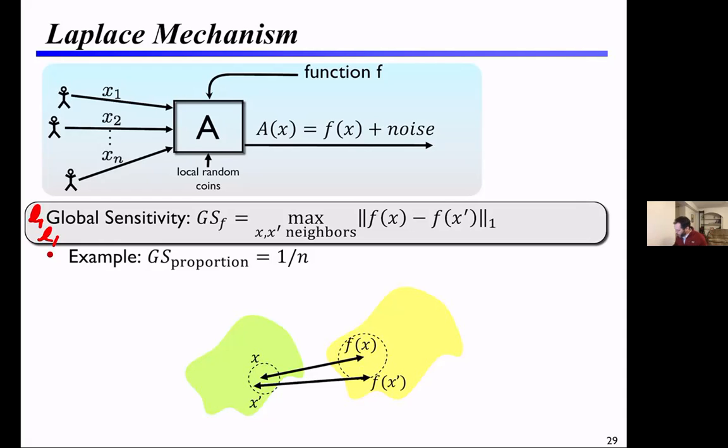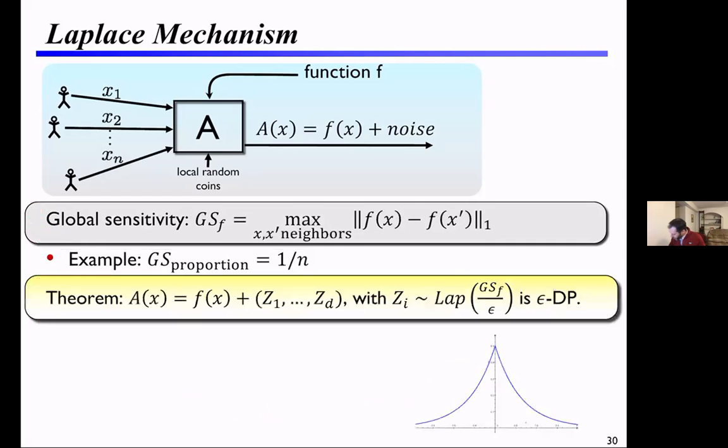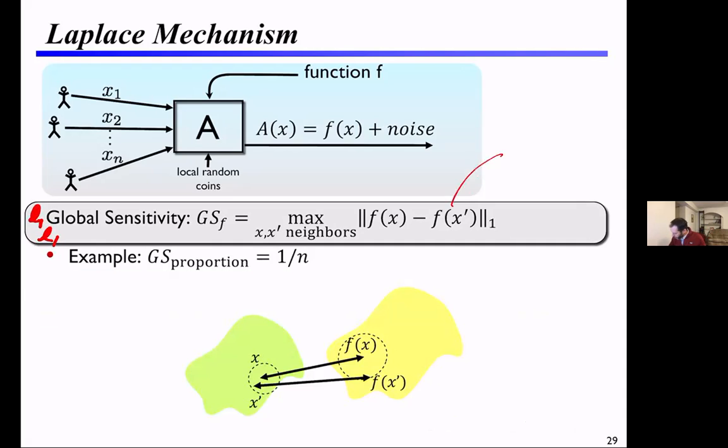Specifically, we're going to use the L1 norm. The L1 norm is the sum of the absolute values of the entries of a vector.